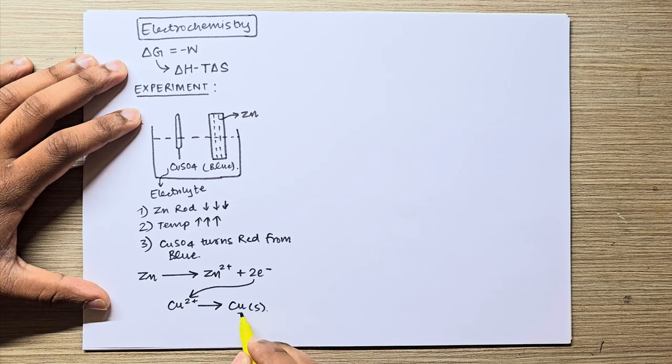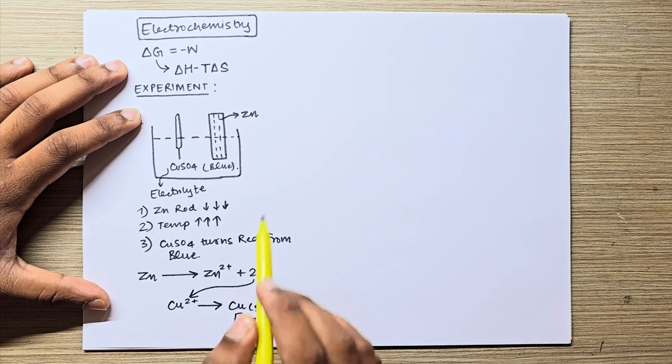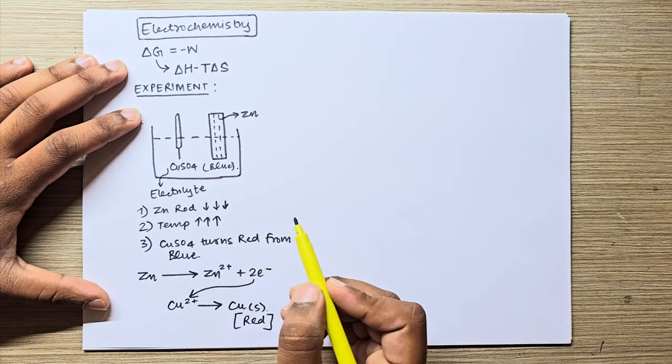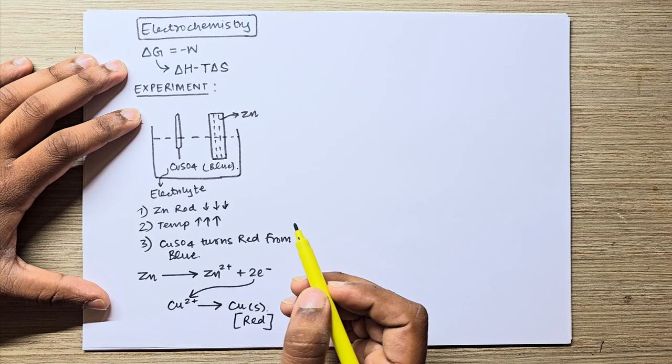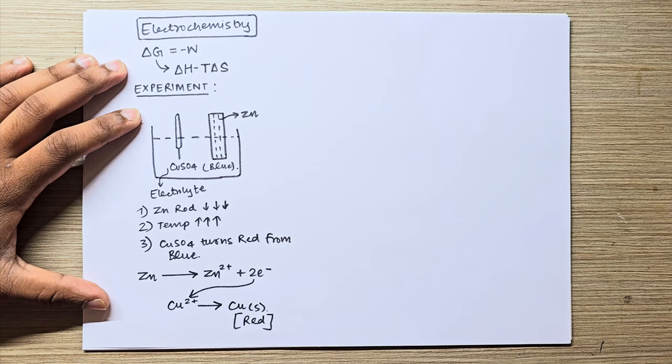This copper appears red. During this, some work is being done, and this proves that something is happening inside the solution. This is known as the beginning of cell formation.